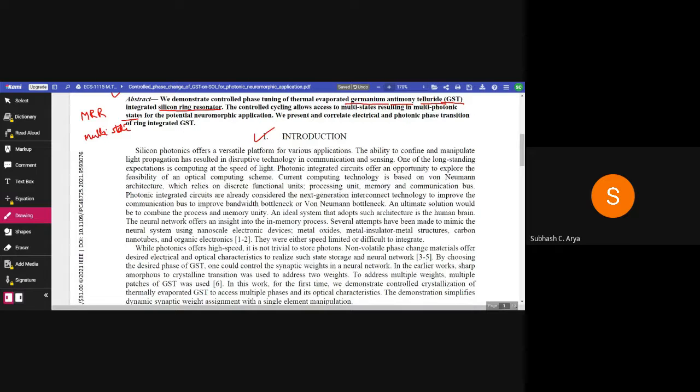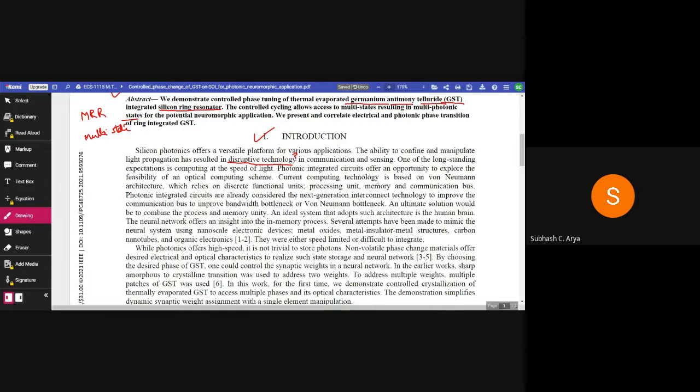So here we need to know what this disruptive technology is. One of the long-standing expectations is computing at the speed of light. Photonic integrated circuits offer an opportunity to explore the feasibility of an optical computing scheme.